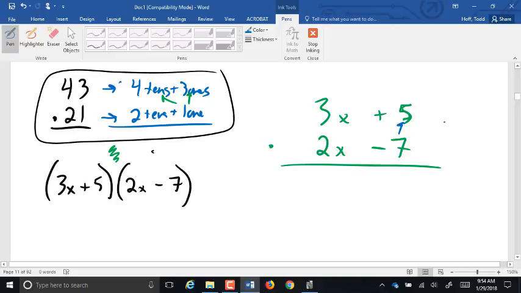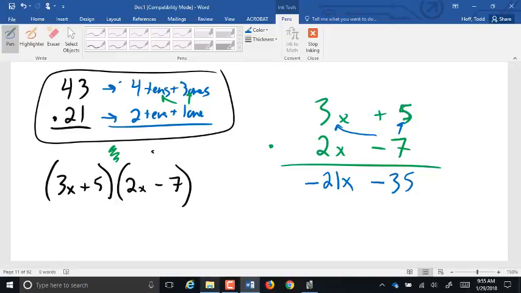Negative 7 times 5 would be a negative 35, right? You're thinking plus. Yeah. Negative 7 times 3x is a negative 21x. 3 times 7 is 21. Positive times negative is negative.